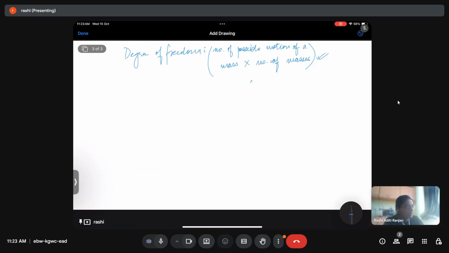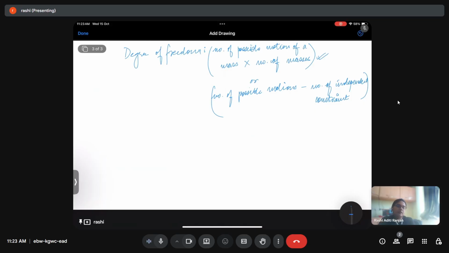There is another definition that we studied, which said: number of possible motions minus number of independent constraints. Now, what does this mean?